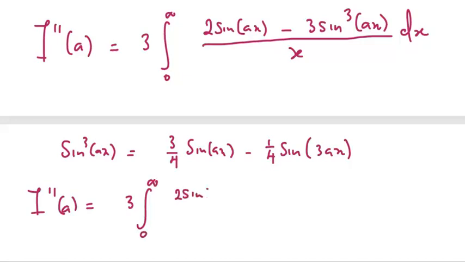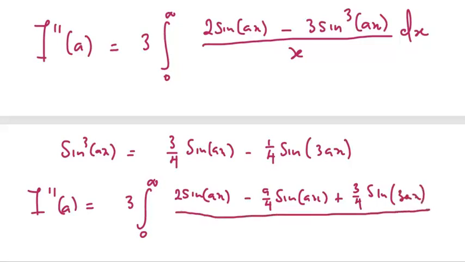We have 2 sine of ax with the negative 3. That's going to give us negative 3 into bracket 3 by 4 sine of ax minus 1 by 4 sine of 3ax, which is giving us negative 9 over 4 sine of ax, then plus 3 by 4 sine of 3ax. So don't forget, we're dividing everything by x, and we have our dx.